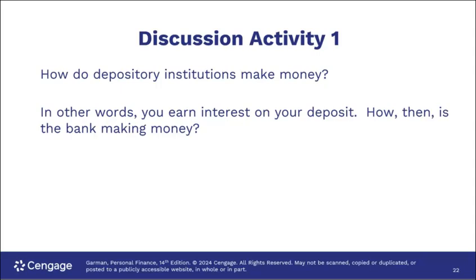Whatever that spread might be is how they make money. One of the problems that banks have had historically is that in the past they were unhedged, and when rates went up, they had to pay higher interest rates to their depositors while they were holding fixed rate loans, which lowered their profits. That's less of an issue today.